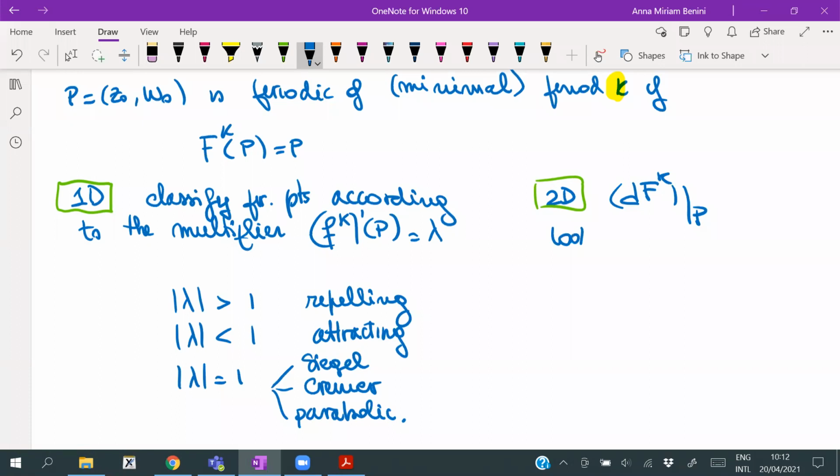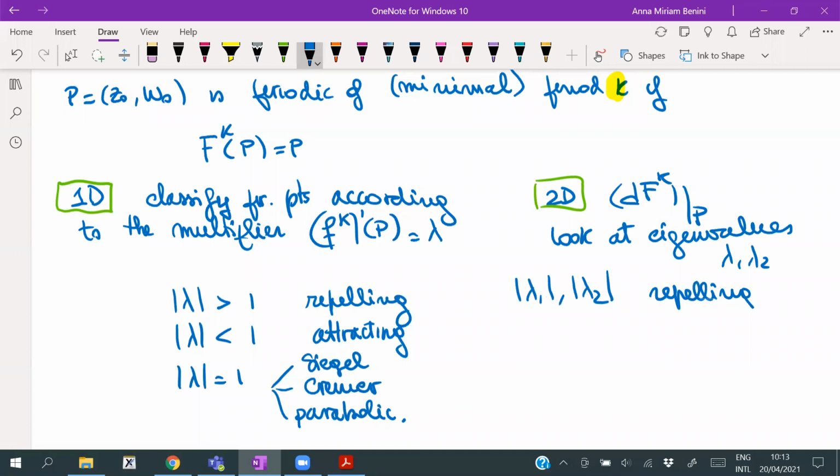So let's call them lambda 1 and lambda 2. Then if they are both in modulus bigger than 1, your point is called repelling, nothing new.